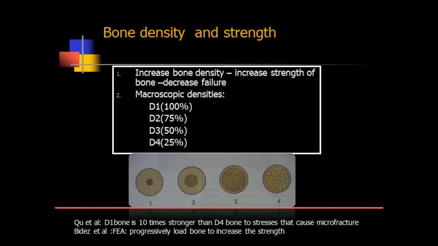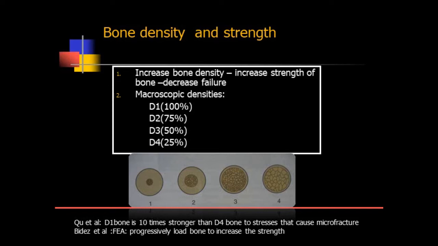So Misch et al. in his study showed that D1 bone is 10 times stronger than D4 bone to stresses that cause microfracture. Therefore, increasing the bone density around an implant increases the strength of the bone, and thereby it can help avoid the crestal bone loss and also the implant failure. So Bidez et al. in his finite element analysis showed that progressive loading can also help to increase the strength of the bone.